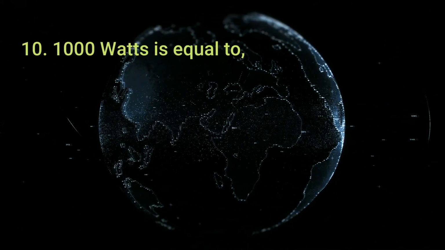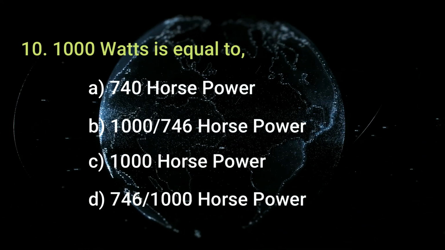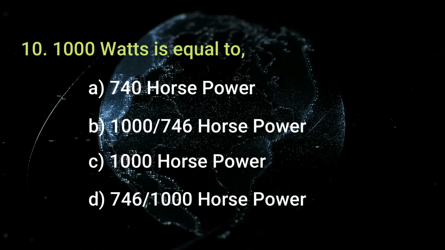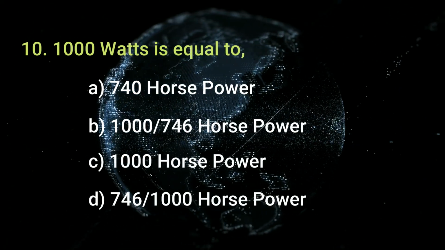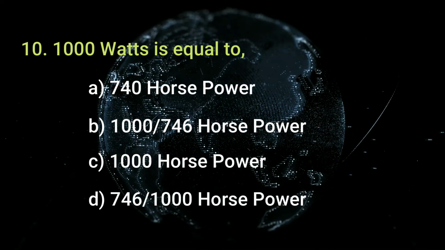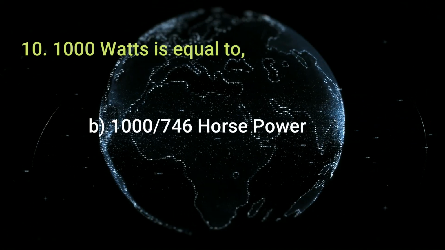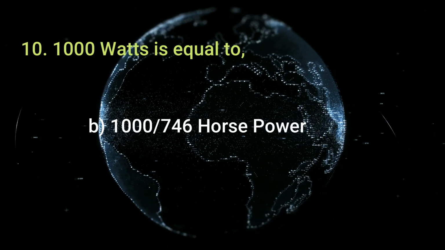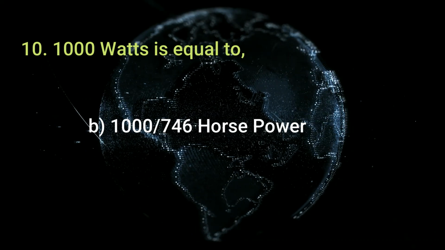1,000 watts is equal to. The answer is B. 1,000 divided by 746 horsepower.